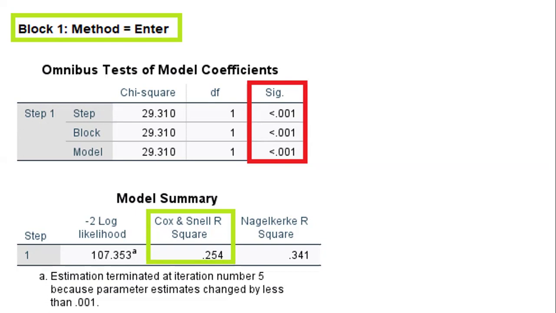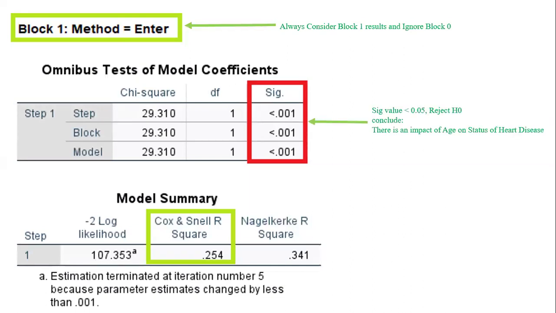You need to consider the block one results here, because block zero is the zero prediction model. So we don't need to consider the zero prediction model here. We need to consider block one. So you can see here, always consider block one results and ignore block zero.